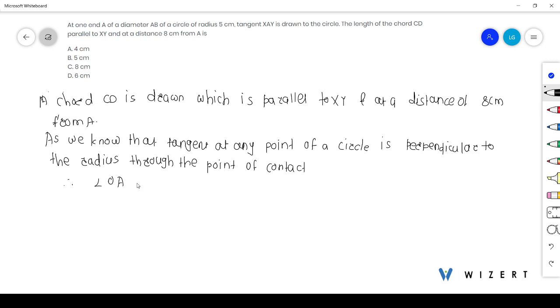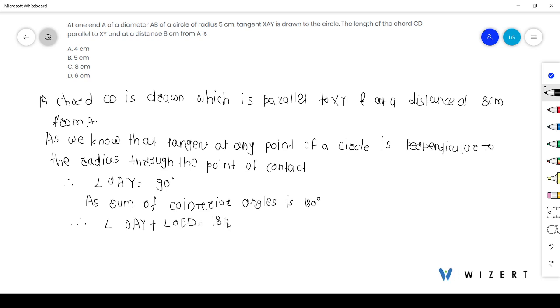So angle OAY will be 90 degrees. As the sum of co-interior angles is 180 degrees, angle OAY plus angle OED is 180 degrees.